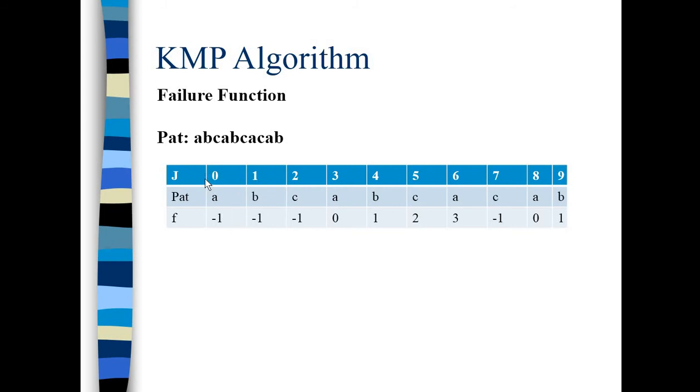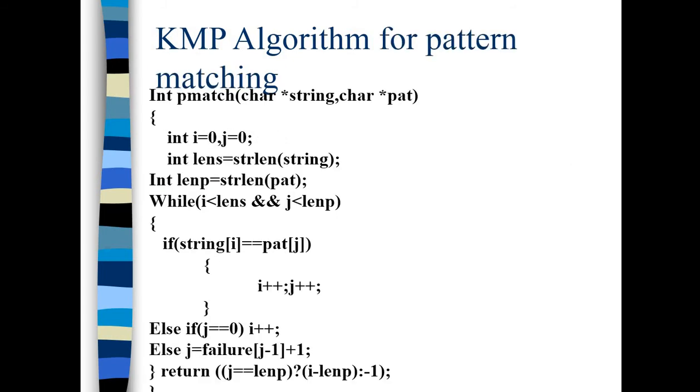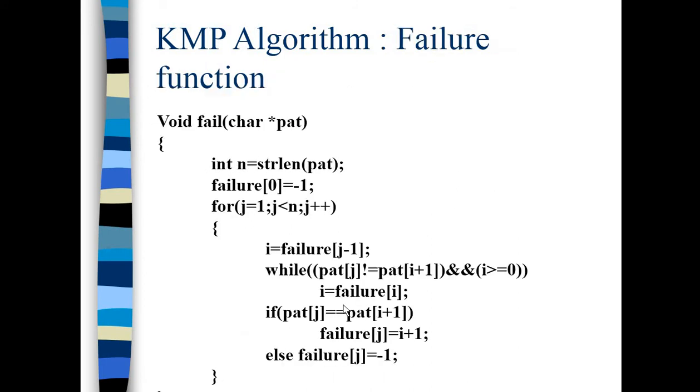So pattern of i plus 1 is pattern of 0, and pattern of j is presently 1. When we compare them, they are not the same. So what we will do, we check both the values here.